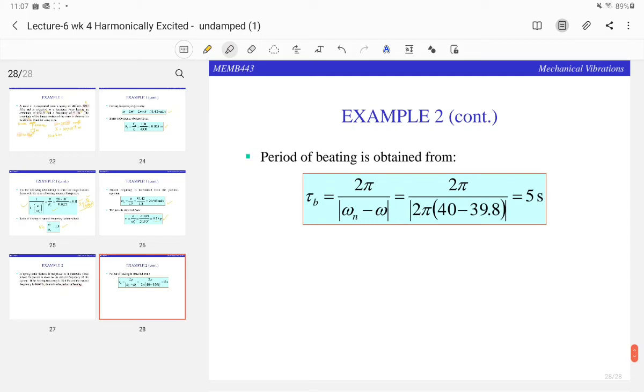So you just substitute. Make sure you convert your f in hertz to omega, so you just multiply by 2 pi. Then you should get 5 seconds.